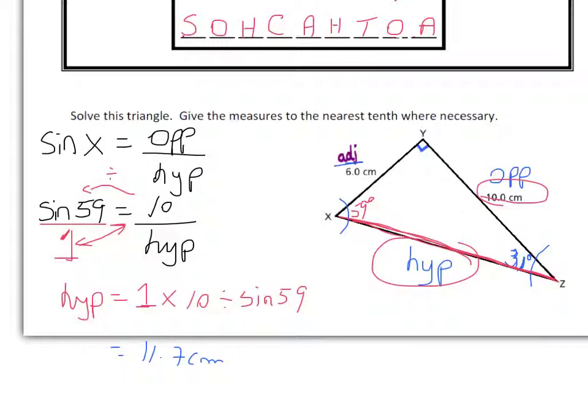Another way you could have done it, if you all remember the Pythagoras' theorem from grade 10, is you have a right triangle and you have two sides. So we'll label these sides A, this side B, and this side C. And we can use the formula a squared plus b squared equals c squared to discover what the hypotenuse is. So that would look like 6 squared plus 10 squared equals c squared.